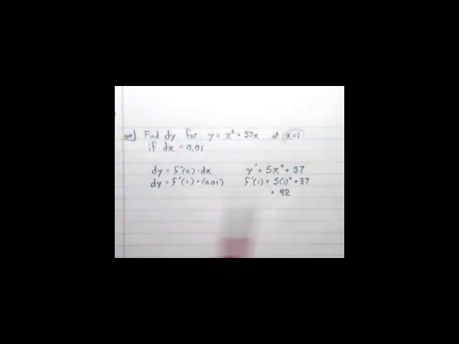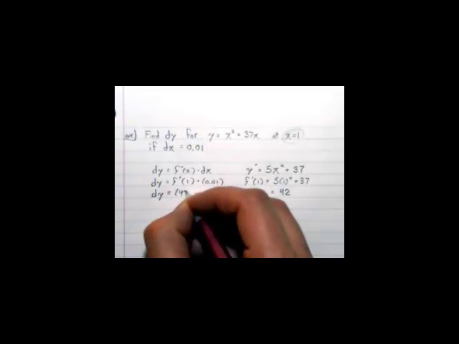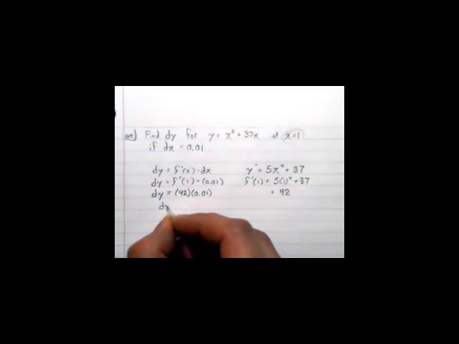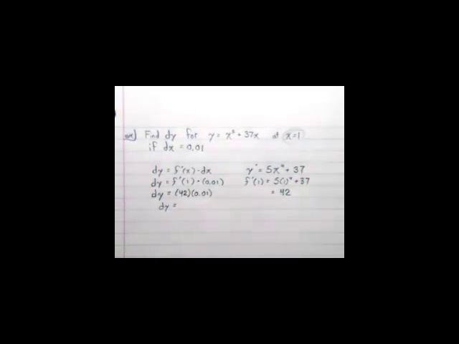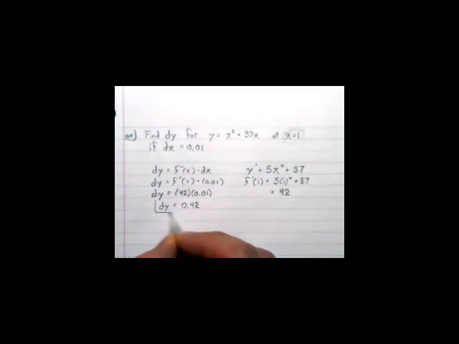Okay, so now I have a value that I can plug in here. So dy is equal to 42 times 0.01, which is 0.42. So hooray, I got an answer for dy.